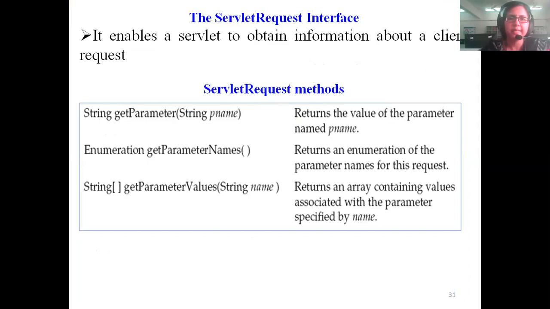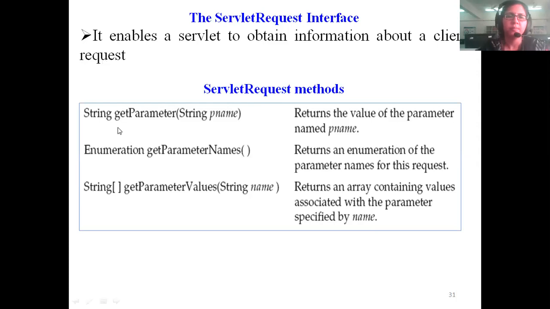So today we will see the ServletRequest interface. It enables the servlet to obtain the information about a client request. I repeat, the ServletRequest interface enables a servlet to obtain the information about a client request. In order to do this, there are certain methods which are available inside the ServletRequest interface.